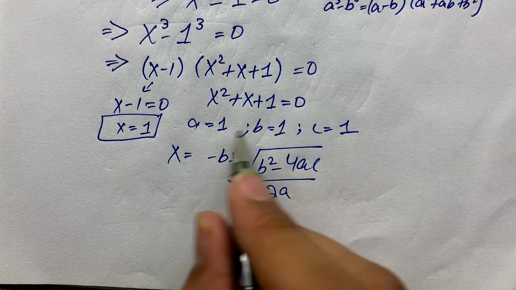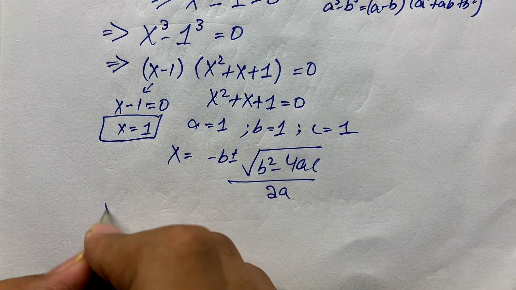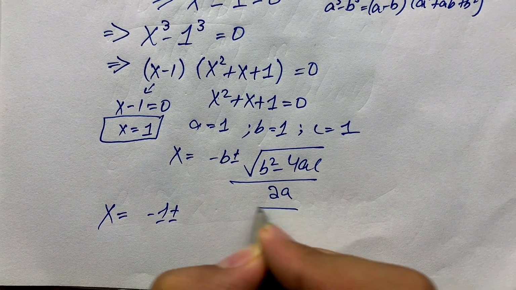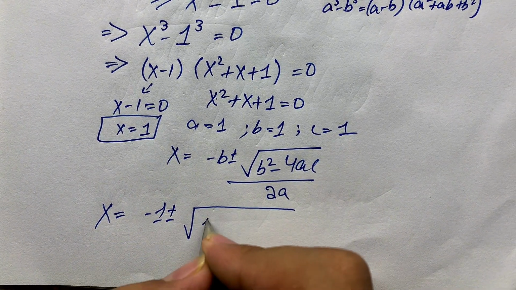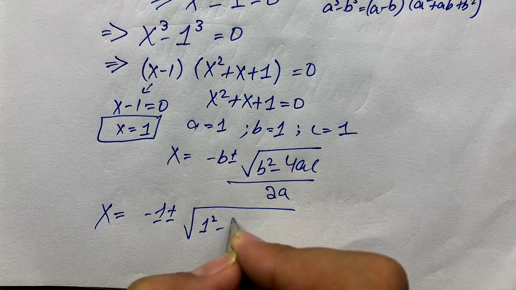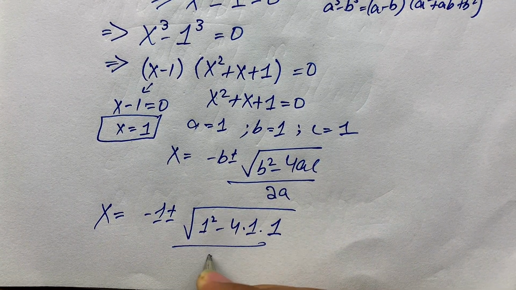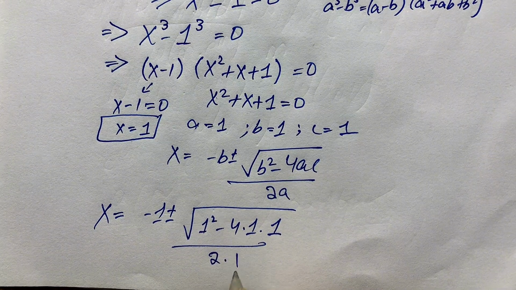Now we are putting the values in this formula. After putting, we get x is equal to minus 1 plus minus under the root 1 square minus 4 into 1 into 1 divided by 2 into 1.